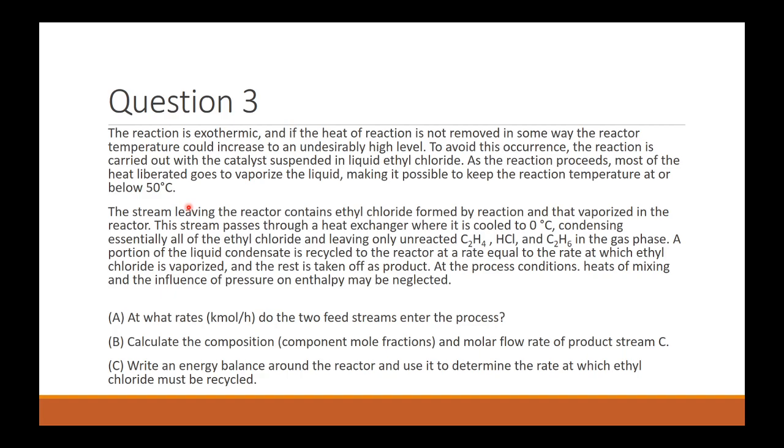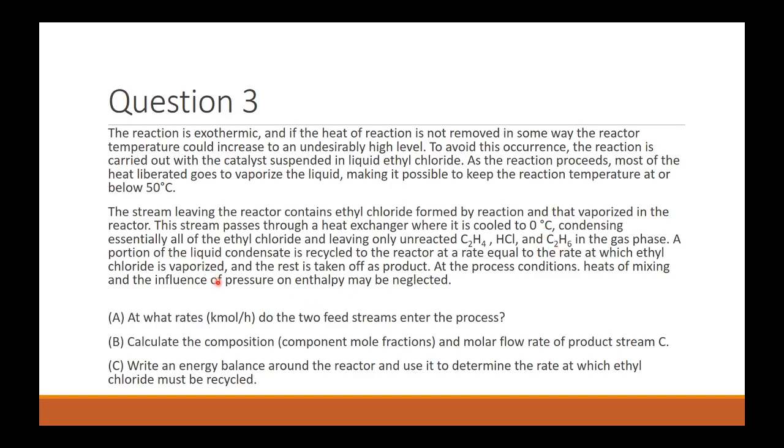The stream leaving the reactor contains ethyl chloride formed by reaction and that vaporized in the reactor. Okay, so this stream passes through a heat exchanger where it is cooled to 0 degrees Celsius, condensing essentially all of the ethyl chloride and leaving only unreacted C2H4, HCl, and C2H6 in the gas phase.